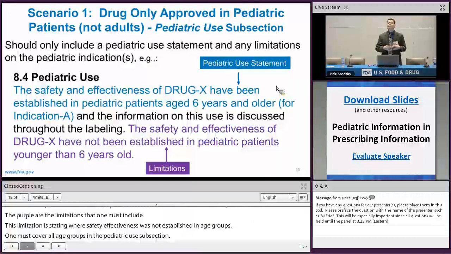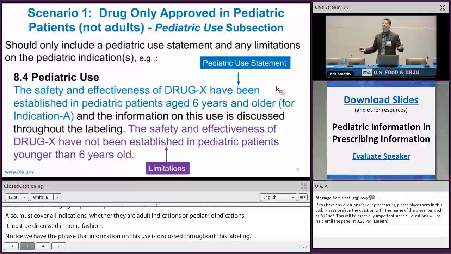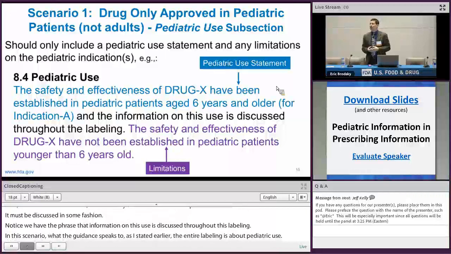It must be discussed in some fashion. Notice that we have the phrase, and the information on this use is discussed throughout the labeling. In this scenario, what the guidance speaks to is, as I stated earlier, the entire labeling is about pediatric use. So it would be very difficult to capture all that information in that subsection 8.4. So we're stating the entire labeling has pediatric use information.